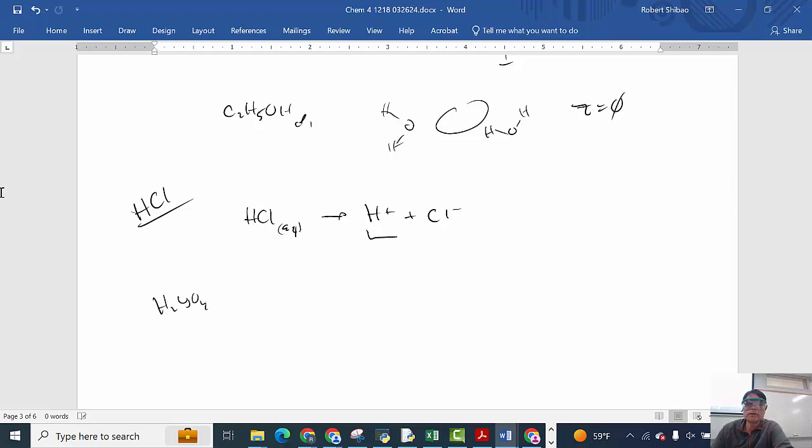So these are the major species. H plus, you'll have to remember, is the same as hydronium. This stuff is too strong to last in water, and we expect none of this. And the reason we expect none is because this is about 100% dissociation.